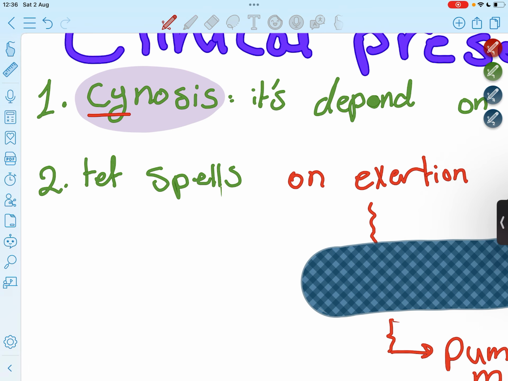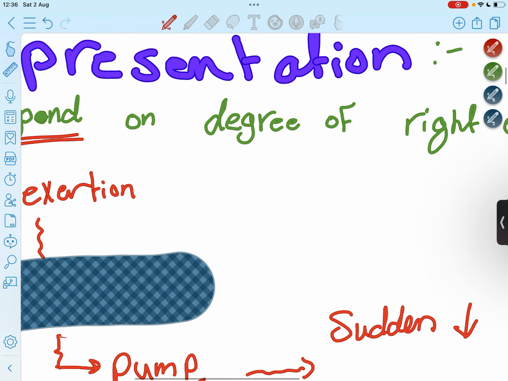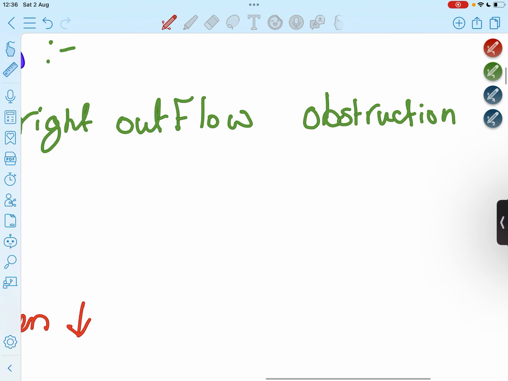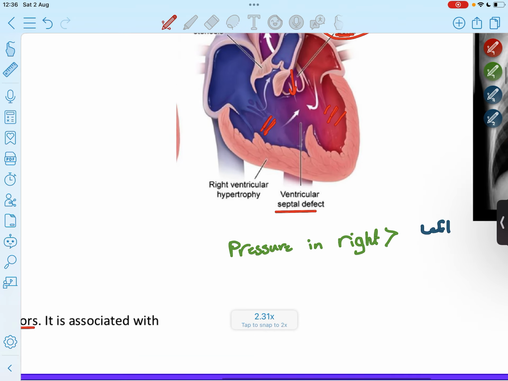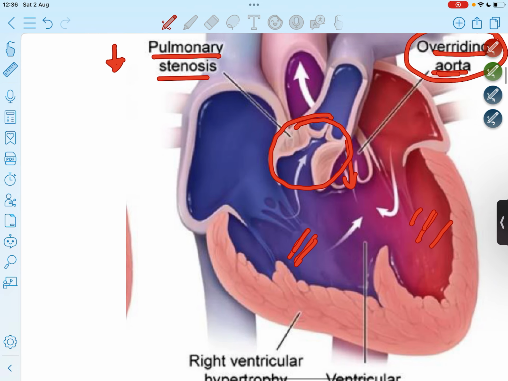But the degree of cyanosis depends on the degree of right outflow obstruction. Here, it depends on pulmonary stenosis. When we have a lesser degree of pulmonary stenosis or right outflow obstruction, we will have more natural color.